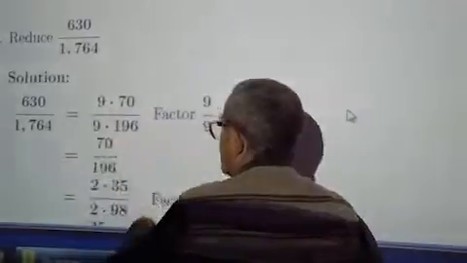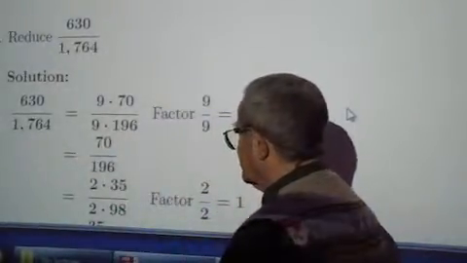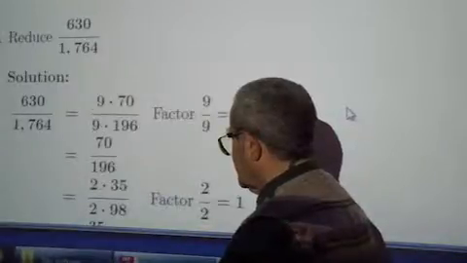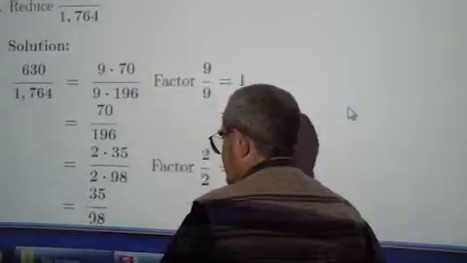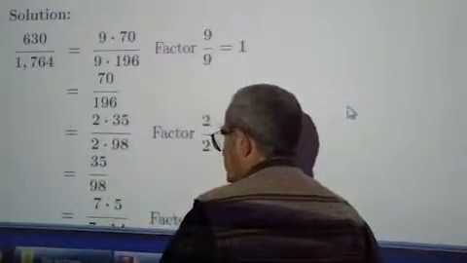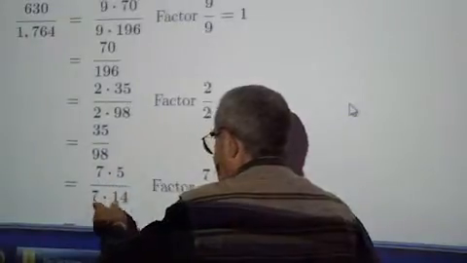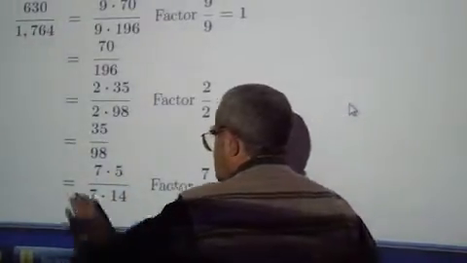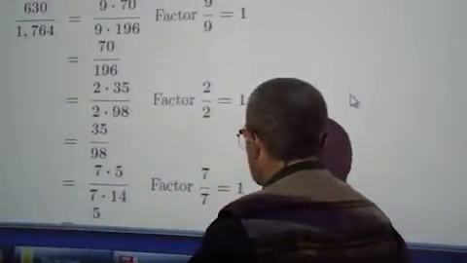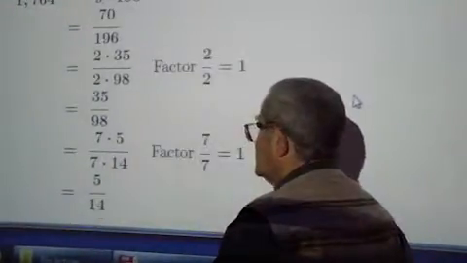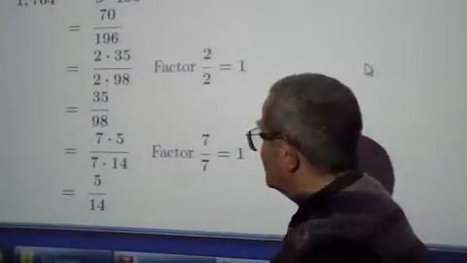So first divide out 9, you're left with 70 over 196. Then 2 times 35, 2 times 98, so 35 over 98, which can be written as 7 times 5 over 7 times 14. You factor out 7 over 7, you're left with 5 over 14. So exercise 2, 5 over 14.